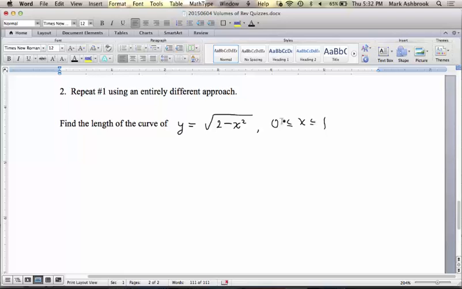And we can check our answer with geometry. And why can we check our answer with geometry? Do you recognize what you have there?